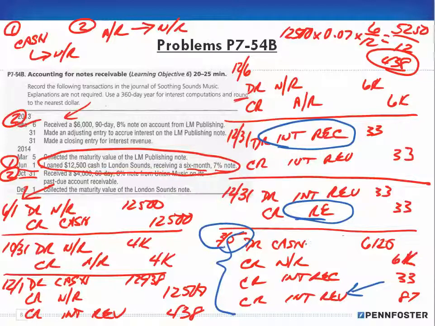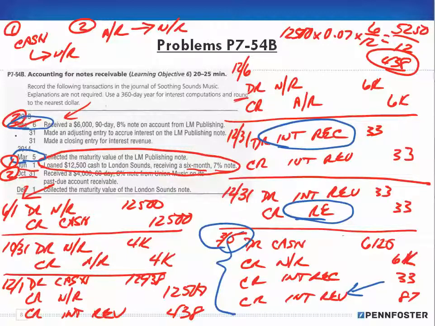But if you end up at the end of the month, at the end of the accounting period, sometimes it's easier because theoretically you should be making an adjusting entry each and every accounting period. This was dated 3/5, and that note was created back on December 6th.